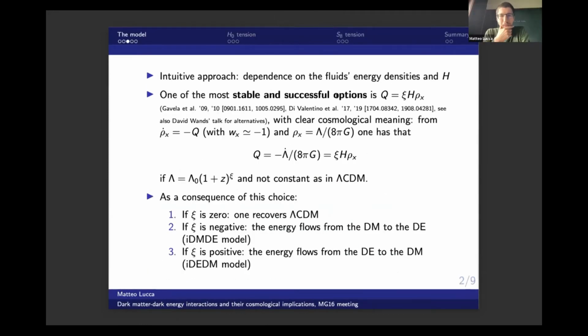Yeah, that's a very good question. I'm not aware of any study which considers higher powers. There are many that consider not only dark energy densities, but also combinations of them. And my feeling is that every time you include something different than the dark energy density, you run into trouble.